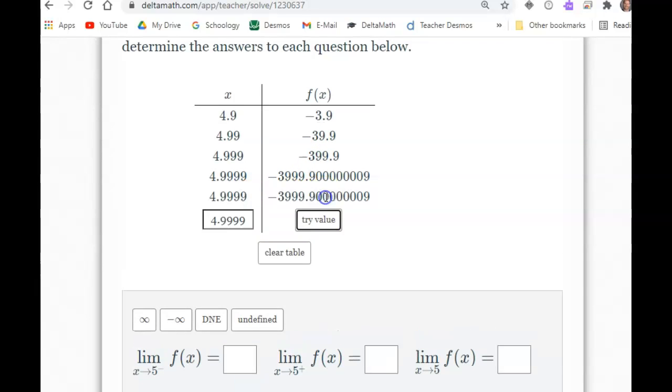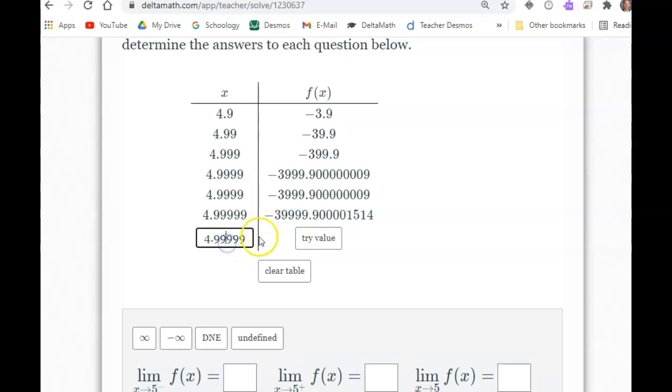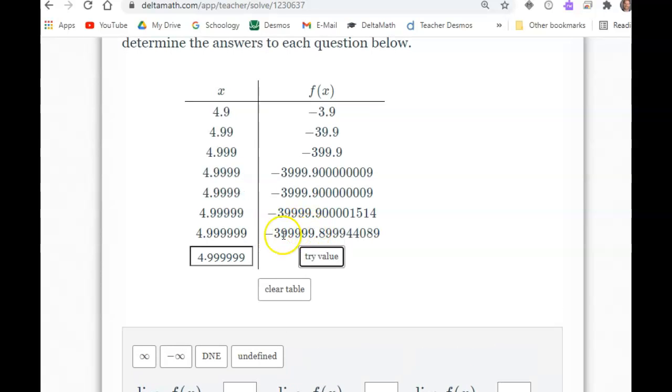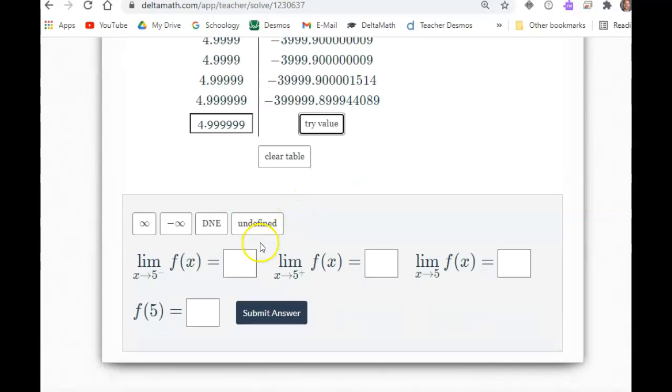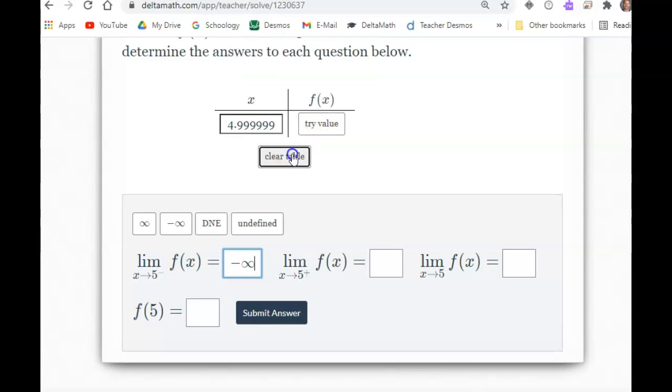notice my numbers are not getting constant. They're not the same thing. It actually keeps growing. Right? This is getting bigger, bigger, and bigger. It's headed towards negative infinity. Right? So if I clear the table, what if I do numbers that are to the right of 5?